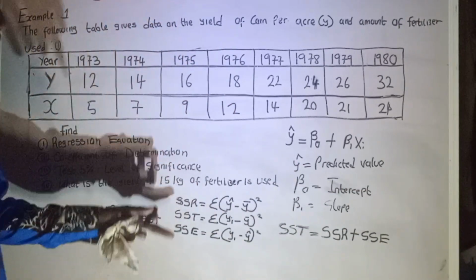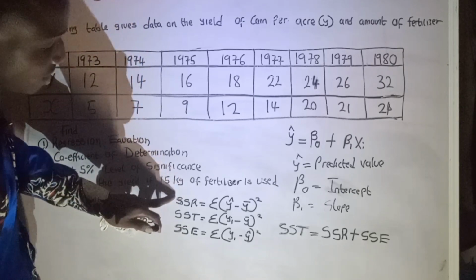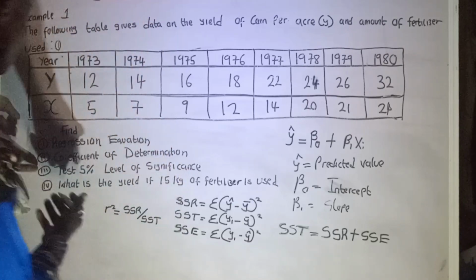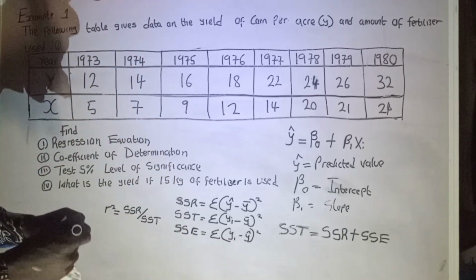But in this video, I will just calculate the SSR and SST directly, then substitute and get the value of my coefficient of determination by dividing both. That's what I'm going to be doing now.